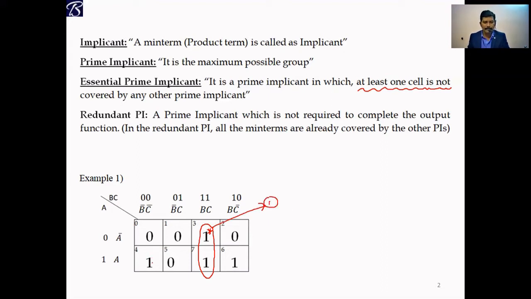Now coming to cell number 4. For this cell, how many possible groups are there? Only one, that is cell number 4 and 6. No other options. That's why this also becomes an essential prime implicant. Let us group this one.